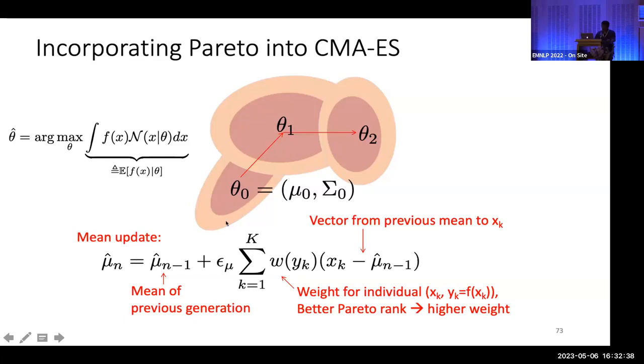And there's this equation here that says for the next sample, you're going to basically sample from the best solutions from the past, right? Now, what you define as best can now be converted to what you define as Pareto. So you can easily incorporate Pareto optimality into this equation and then make it respect multiple objectives.